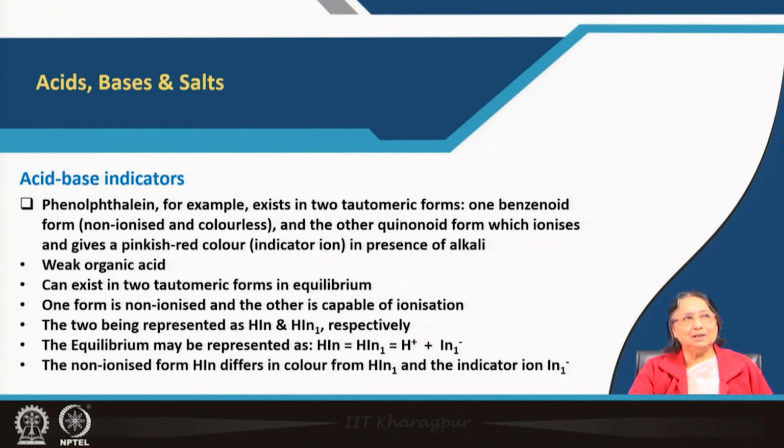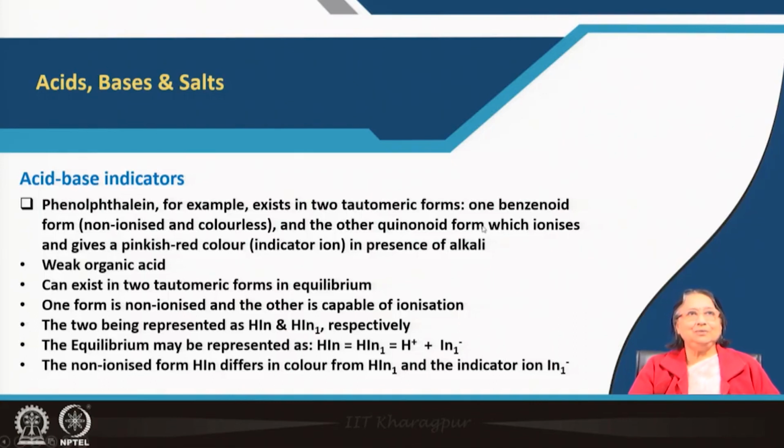We all use, even from our school days, we are habituated in using these two indicators for our acid base titrations. How is it happening? Why are they changing the color during our titration? When it is acidic, it shows one color. When the solution is basic, it gives another color, that I will tell you today.